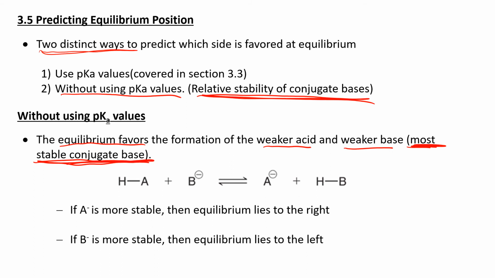The equilibrium will favor the weaker base or the most stable conjugate base. So all we're looking at is our conjugate bases. Whichever one happens to be more stable, that's where the equilibrium lies. So if A was more stable, the equilibrium would lie to the right. If B was more stable, the equilibrium would lie to the left.